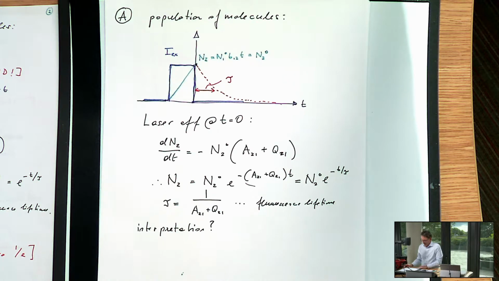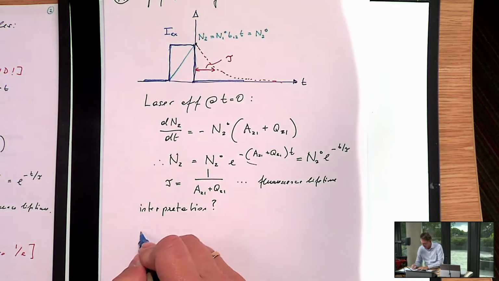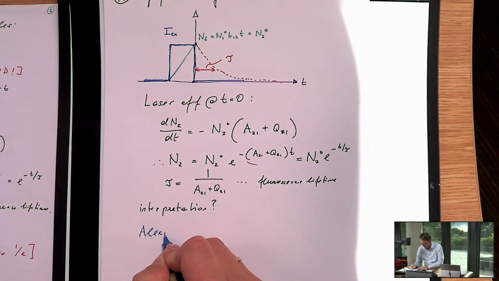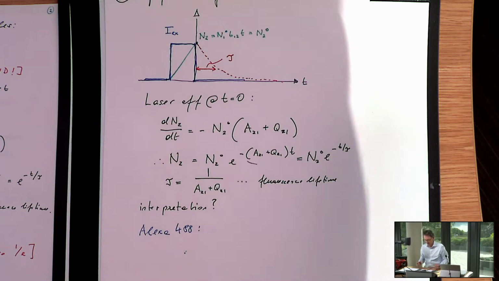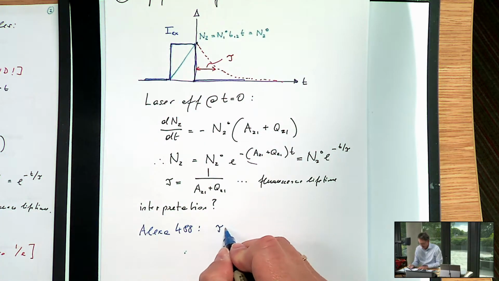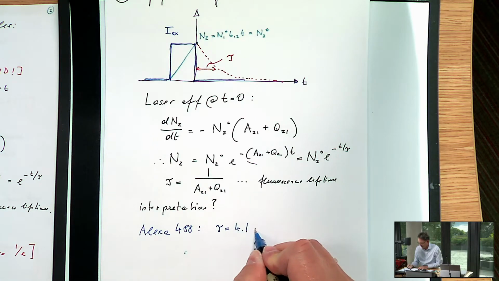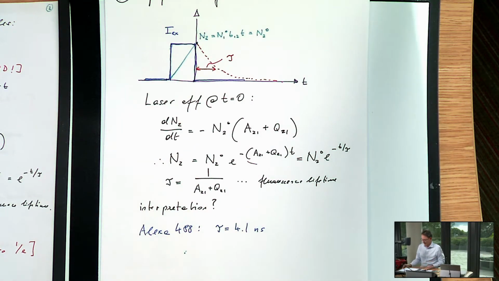So just to give you a number for this, for Alexa 488, again the structure is the molecule that we had before, then the lifetime tau is equal to 4.1 nanoseconds. So this is the time at which 66% of the excited state molecules will have decayed.